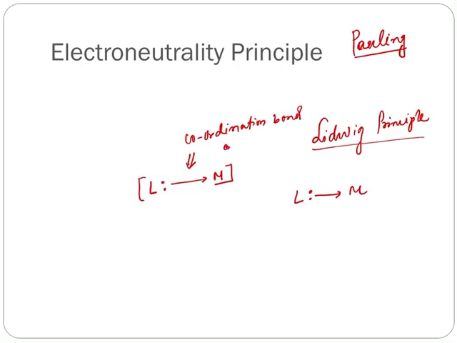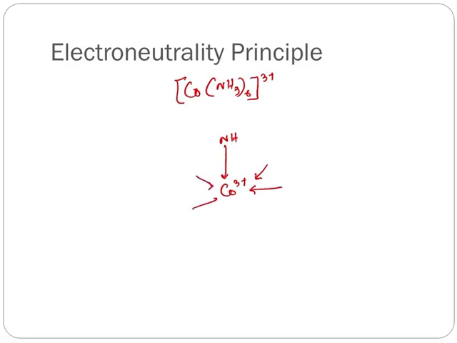Now you may think, what is new here? Now we will see what the problem is with that theory. In the Sidgwick theory, if we take an example of a complex like the cobalt hexammine complex, we can see that the 6 ligands are donating their electrons to the central metal atom.